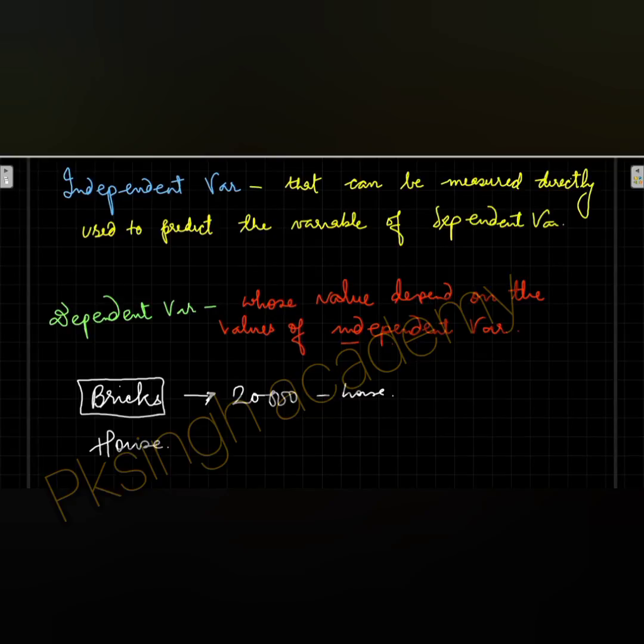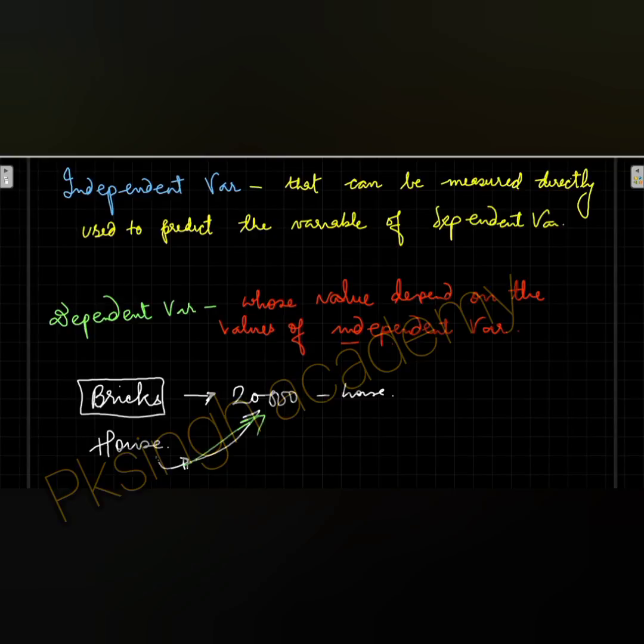But when the house will be built, it will have bricks, so this house is dependent on the bricks. That's why this house will be analyzed as dependent variable and this brick will be independent variable.